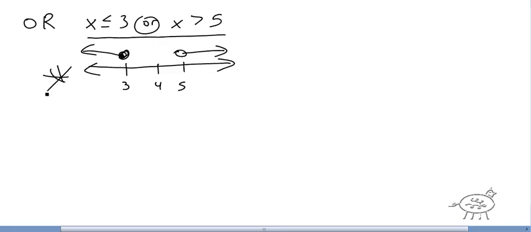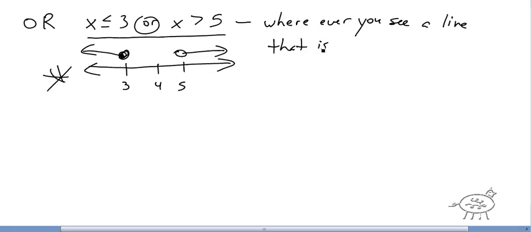This is the way an OR problem works. Wherever you see a line, that is the solution.